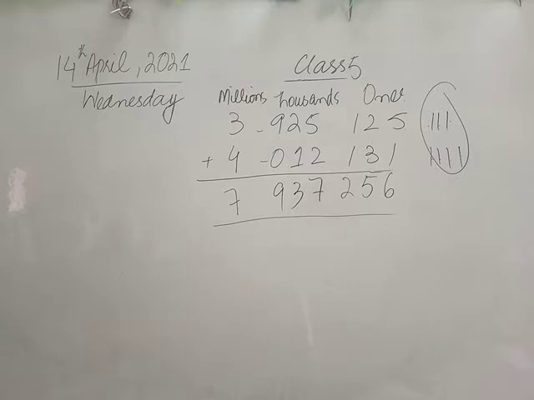Now in total we have 7,937,256. Isn't it, class? 7 is at the million place, 937 is at the thousand place and 256 is at the ones place.